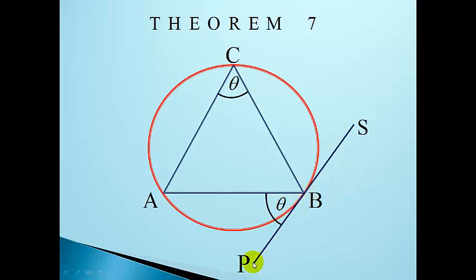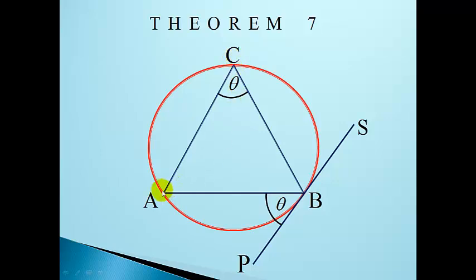We can see that the tangent PBS touches the circle at the point B. AB is a chord. The chord AB subtends an angle of theta on the circumference of the circle, that is at the point C. The angle between the chord AB and the tangent, that is theta, is equal to the angle that the same chord AB subtends at the circumference of the circle, that is at the point C.